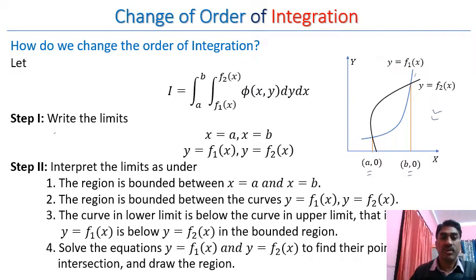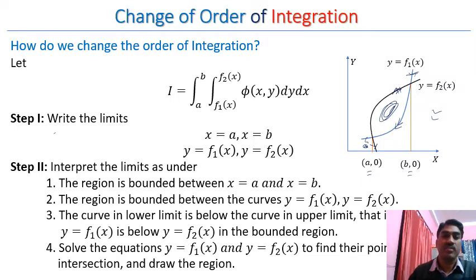So this is why I have written this curve as f1(x) and this curve as f2(x), because f2(x) is the upper curve in the bounded region. You can see outside the bounded region the information is not correct. Outside the bounded region f1 is below and f2 is above, but in the bounded region f2 is above and f1 is below.